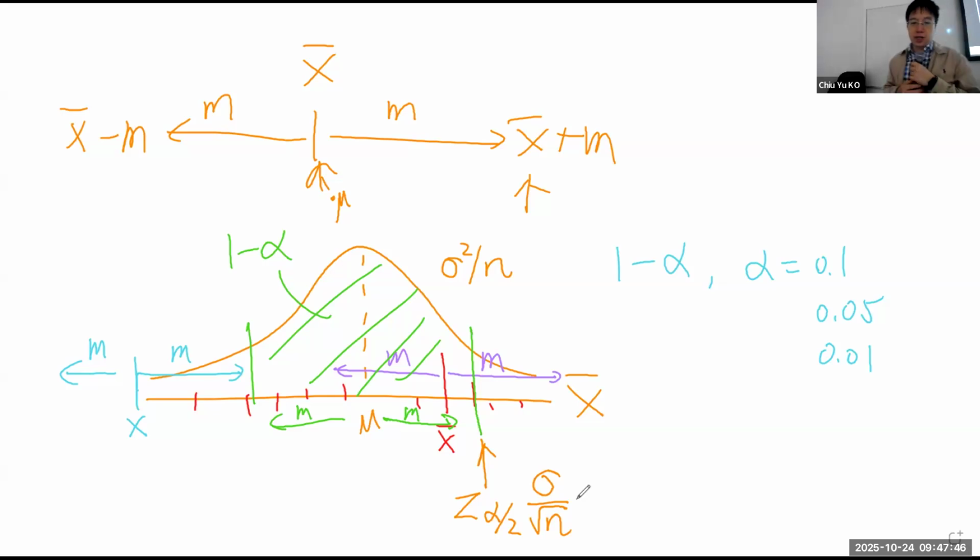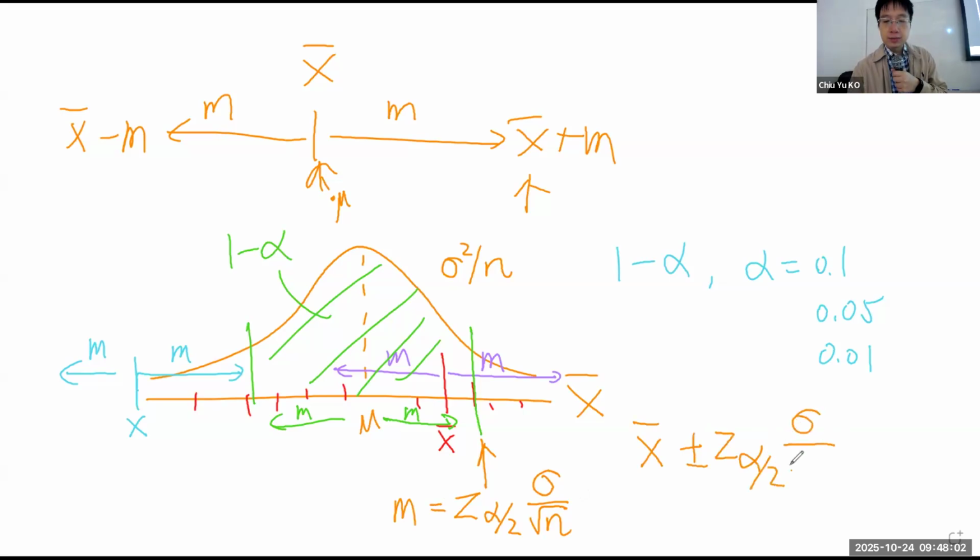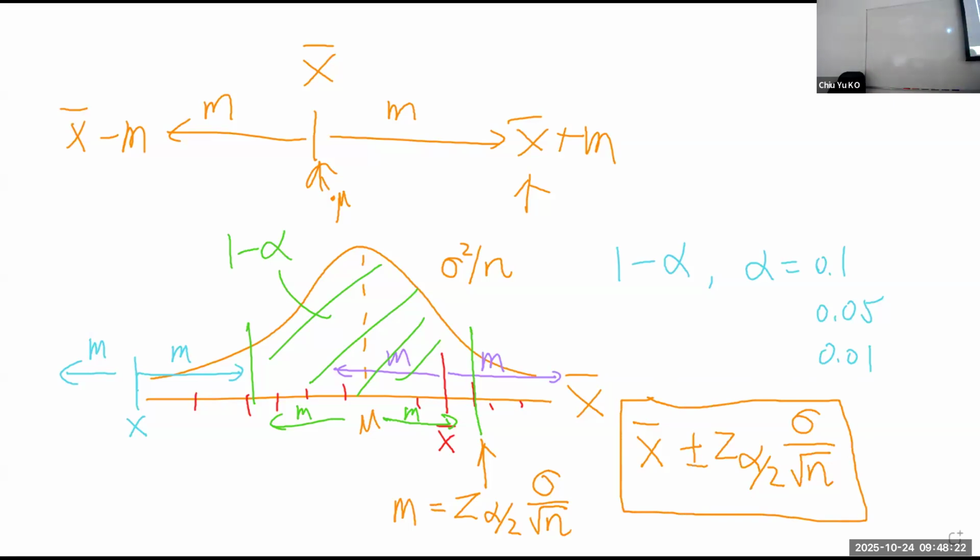So M is exactly this number. That's why our interval estimator is X bar plus or minus Z alpha over 2 times sigma over root n. That is the main thing we want to say. We covered it in the last class. So you have to remember this formula. Even if you don't fully understand, this is something that should be on your cheat sheet.